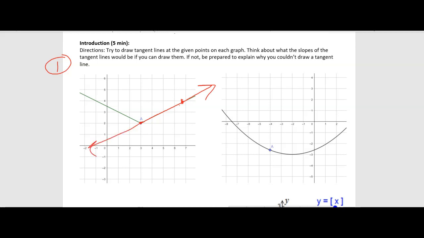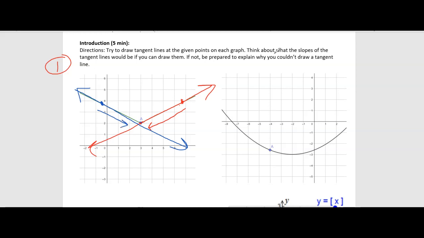And as I move this point closer and closer to where I want to put my tangent line, the slope stays the same, right? Because it's a linear function from 3 to infinity, so the slope is not going to change. The problem is, if I try to draw my secant line approaching from the left, well, my slope is always going to be negative. And that's not going to change as I move this point closer and closer to point A.